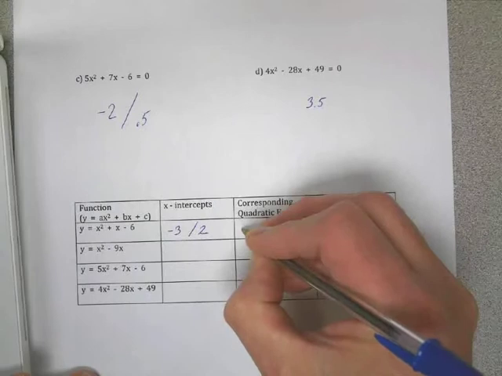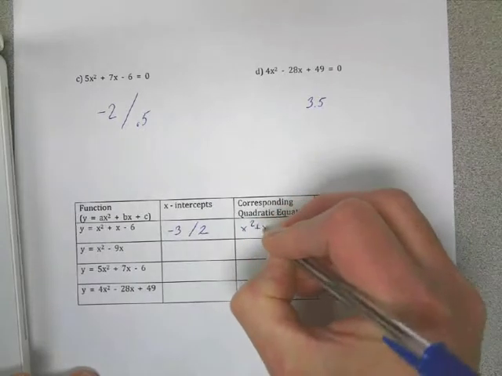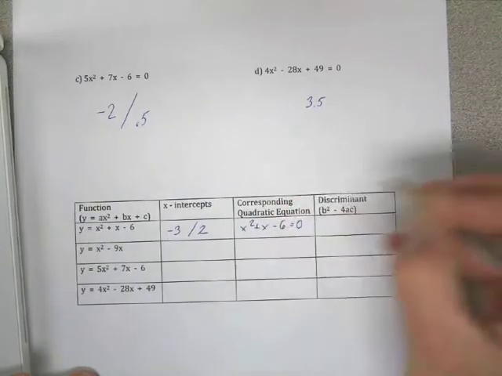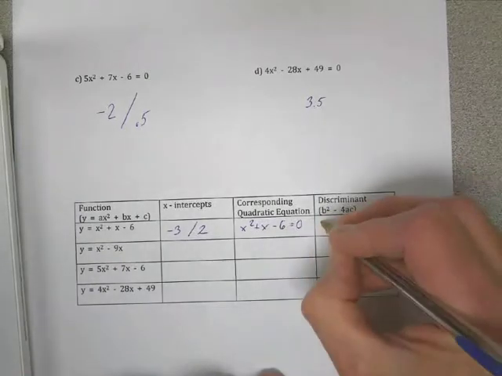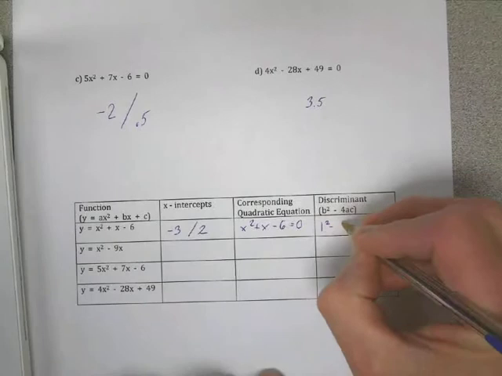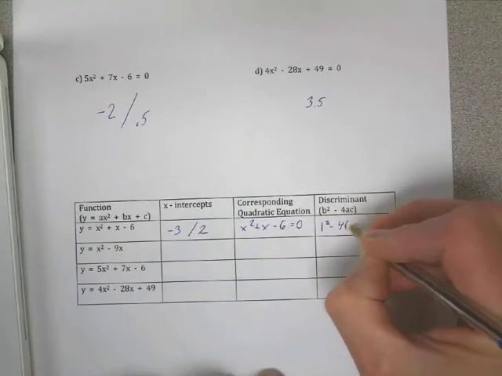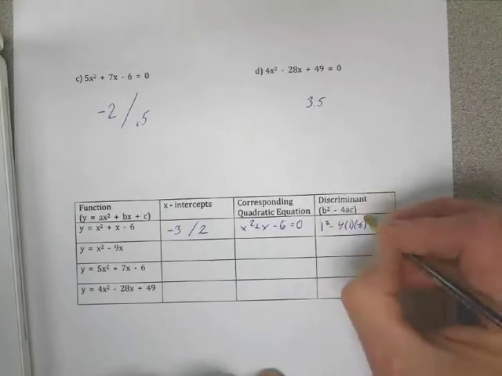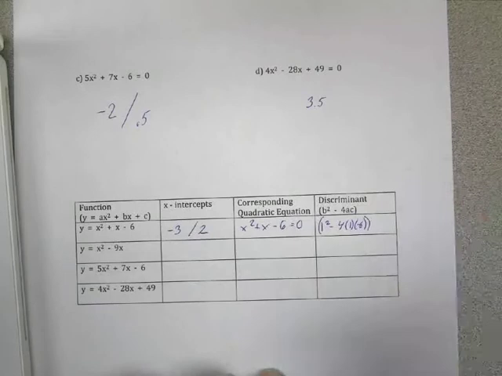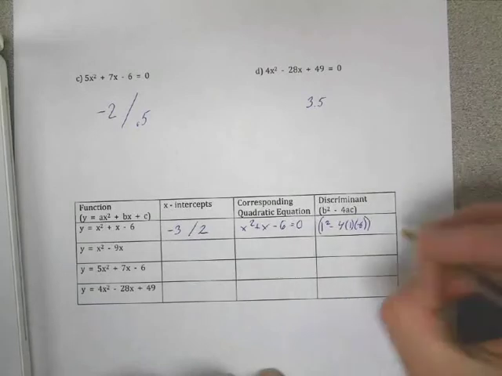From that, the x-intercepts for the first equation are negative 3 and 2. The corresponding quadratic equation is x squared plus x minus 6 equals 0. And the discriminant, b squared minus 4ac, is 1 squared minus 4 times a, which is 1, times c, which is negative 6. So I get 1 plus 24, and I end up getting 25.